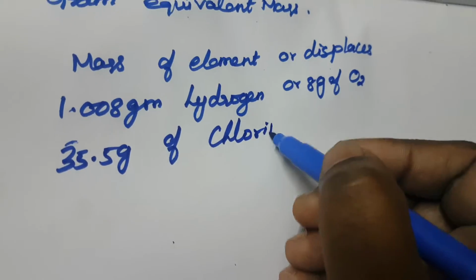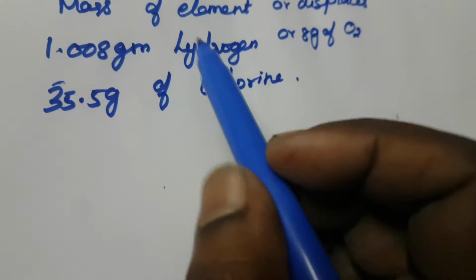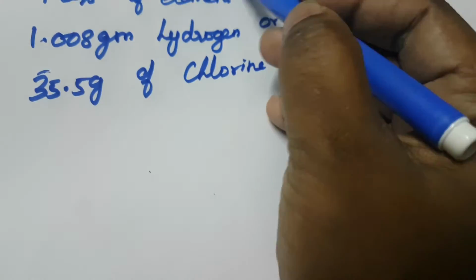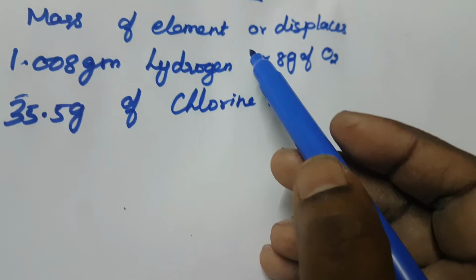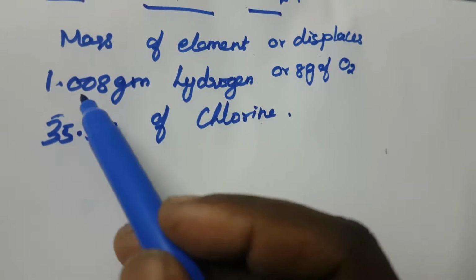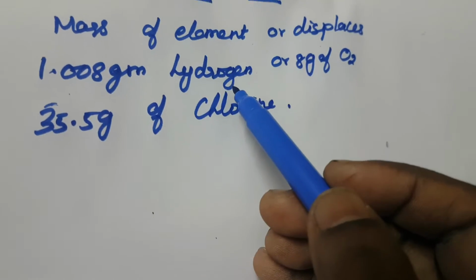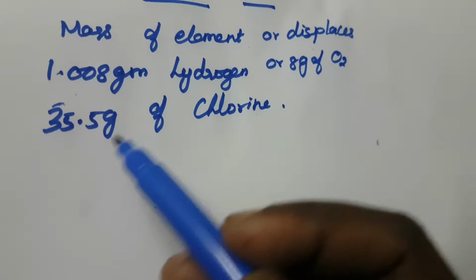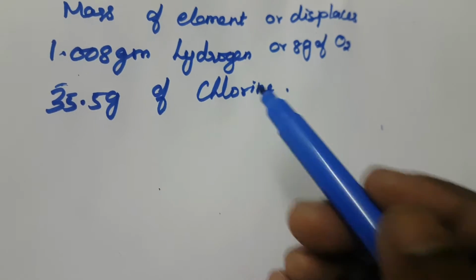Okay, so this is the definition of gram equivalent mass. The mass of an element that combines or displaces 1.008 gram of hydrogen or 8 gram of oxygen or 35.5 gram of chlorine.